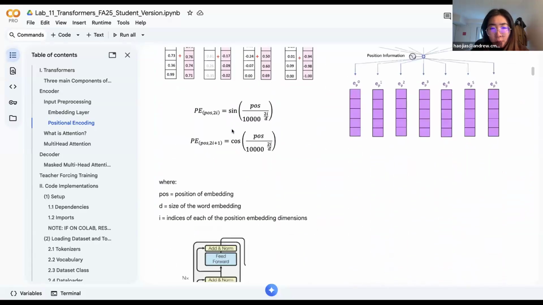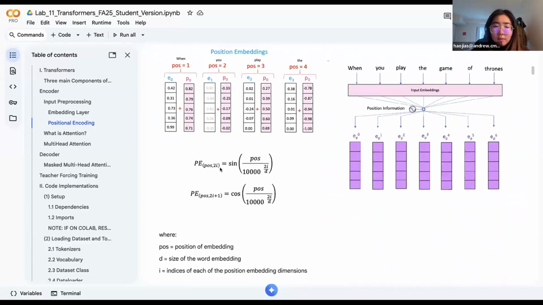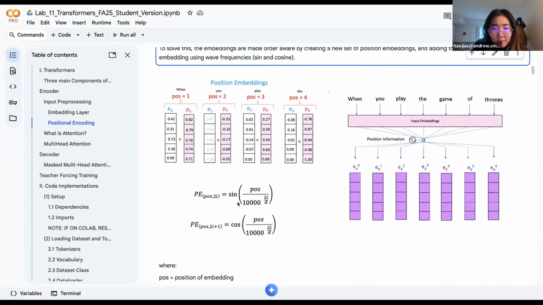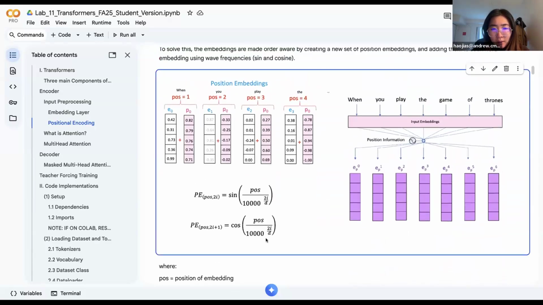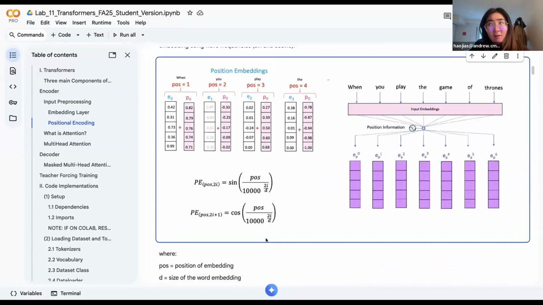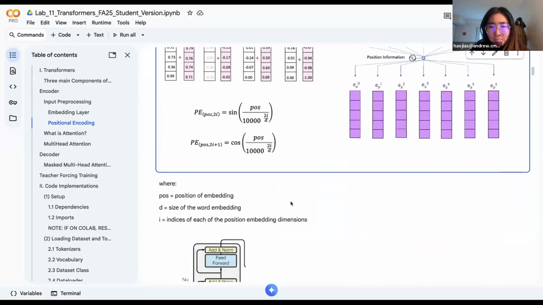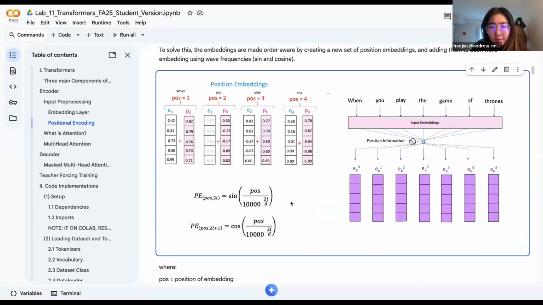So the conventional method is to use this sine cosine function. But actually right now the most popular method is using RoPE. Because for the position embedding here, when we're calculating it, it is depending on the absolute order in the sequence.